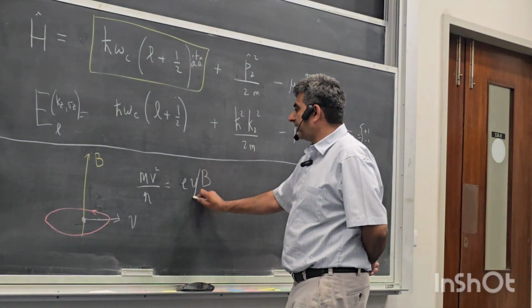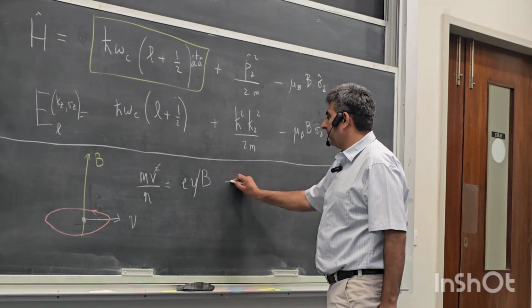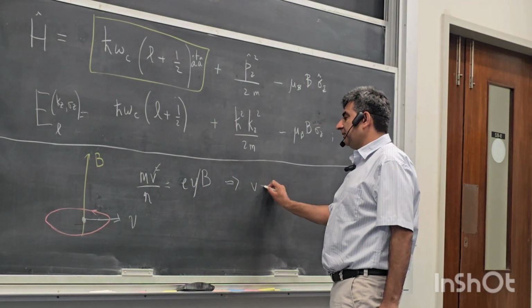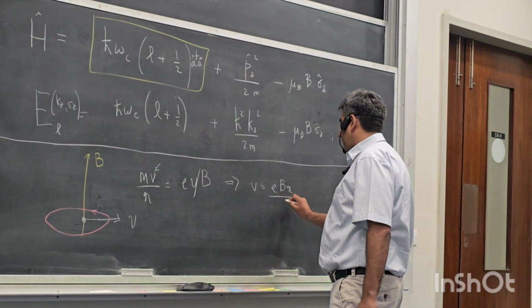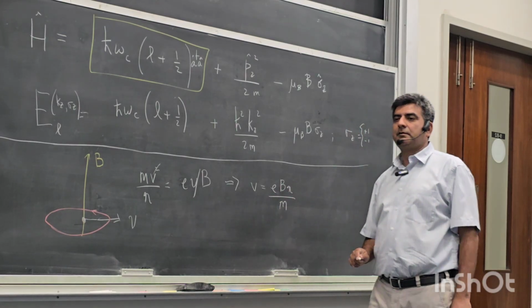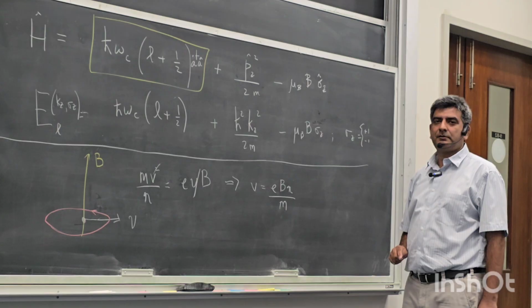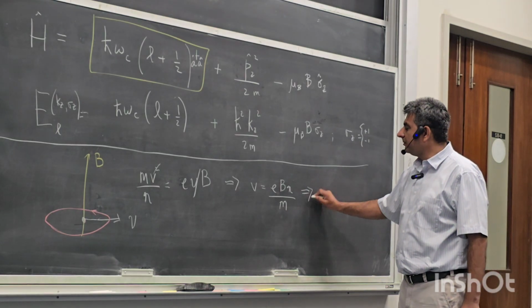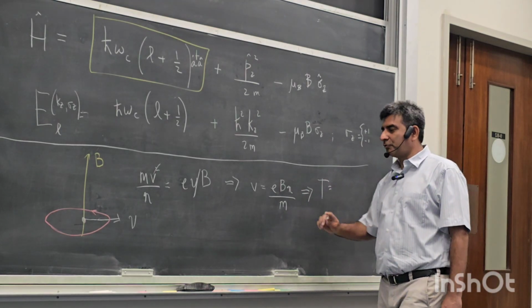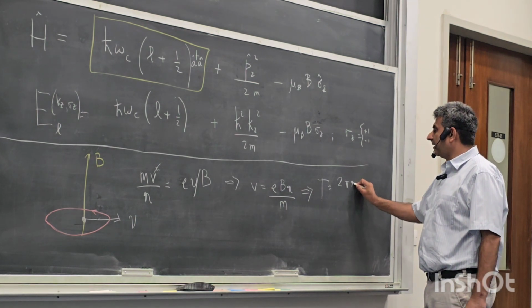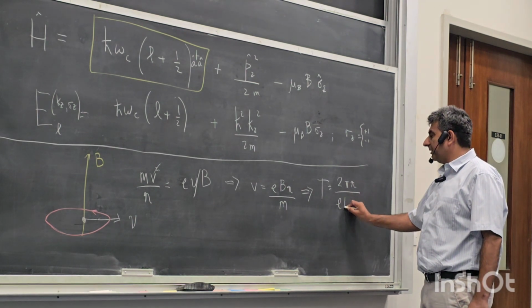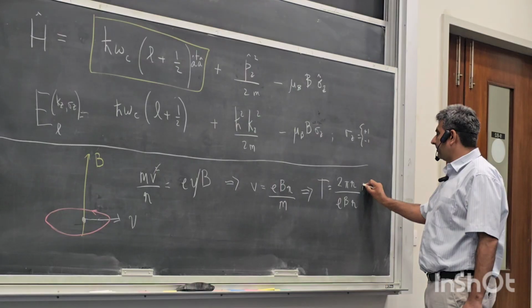So this means that my v equals eBr over m, which means that my time period to go around in a circle is the circumference of the circle, 2 pi r, over the speed, eBr over m.